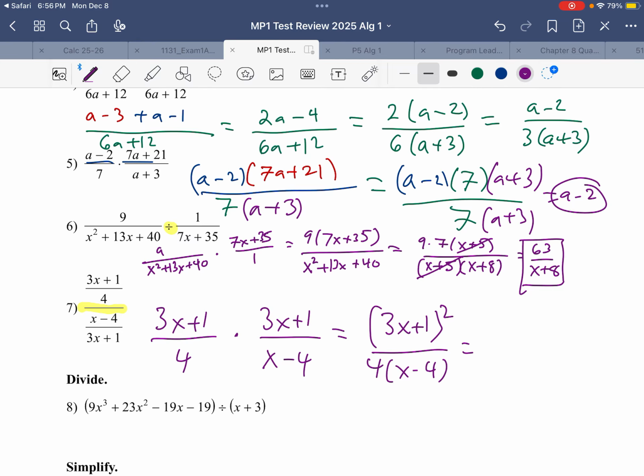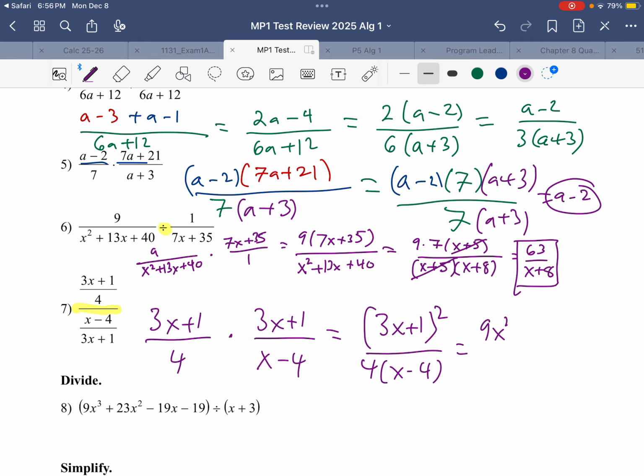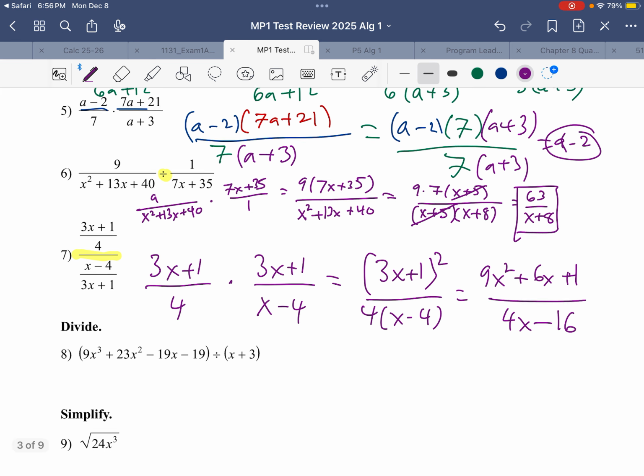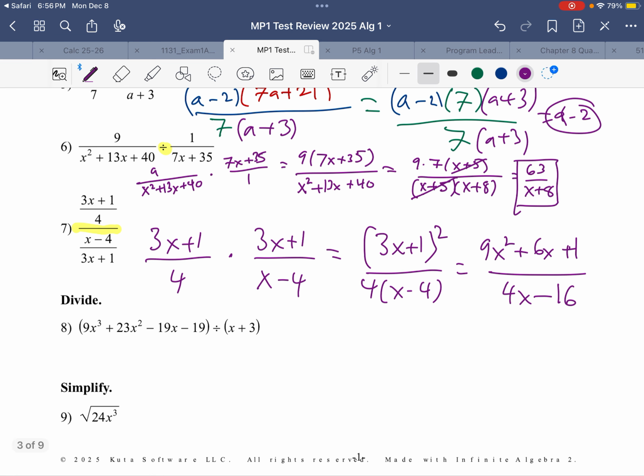If I had to expand this out, it's going to look like 9x squared plus 6x plus 1 over 4x minus 16. All right, I'll have more room on the actual test to be able to do the polynomial long division.